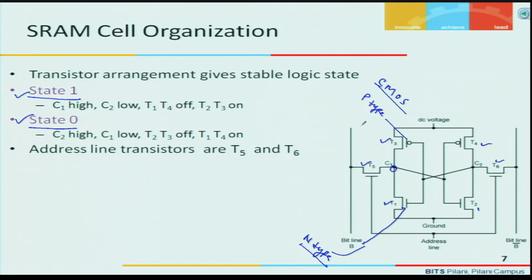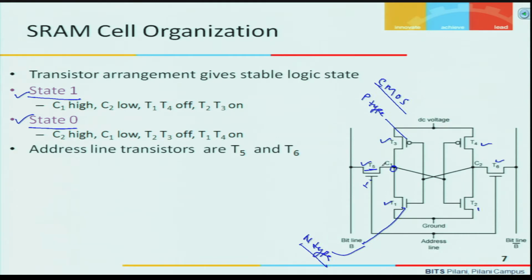For an N type transistor, if I give high voltage at this gate, the transistor will be in a saturation state, means the circuit is closed, and current will flow like this.